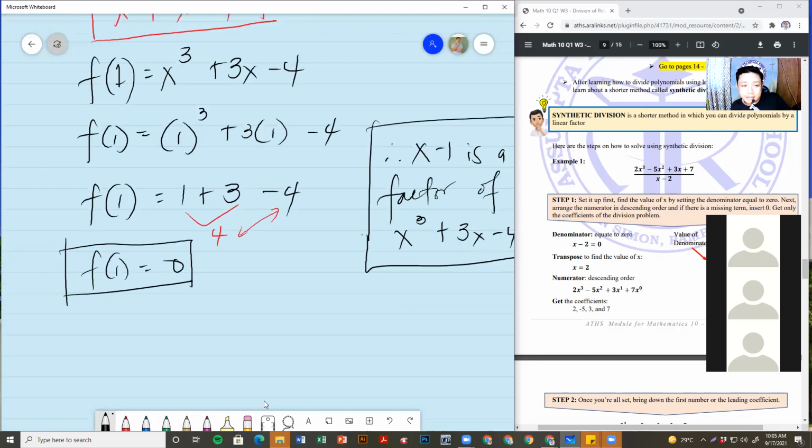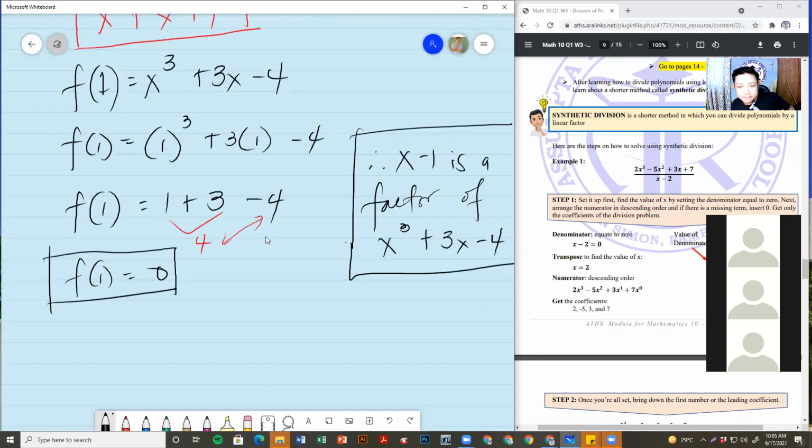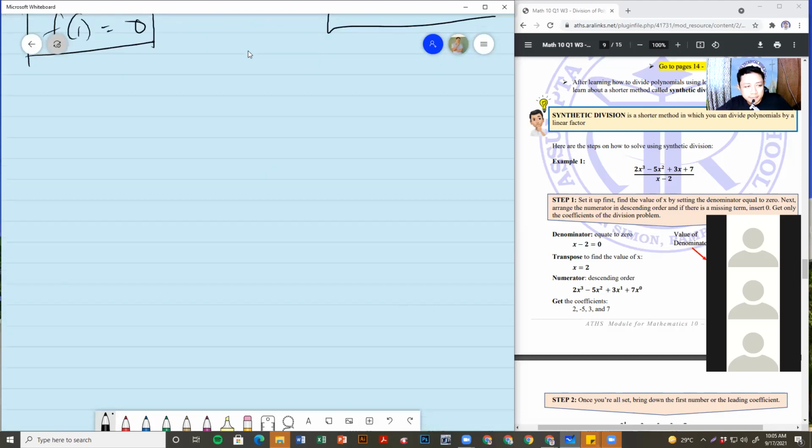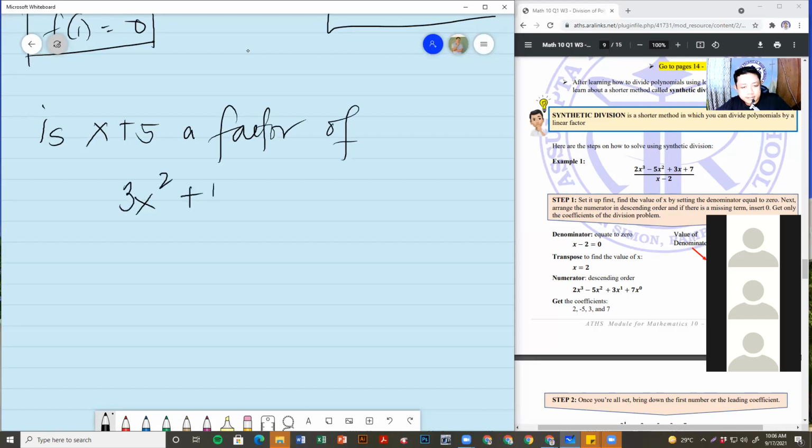Okay? That is by doing the substitution here. Okay? Let's do this. For example, is x plus 5 a factor of 3x squared plus 4x minus 5?